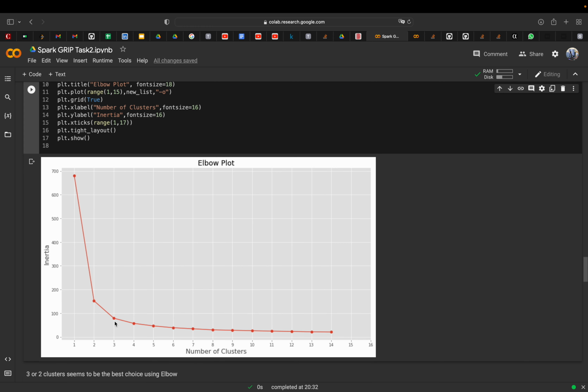So based on this plot, the inertia is decreasing like this, and based on the number of clusters, we see that here the number of clusters is 2 and then 3. So 3 here will be a good choice based on this plot, because when we are at 3, the inertia begins to decrease more slowly.